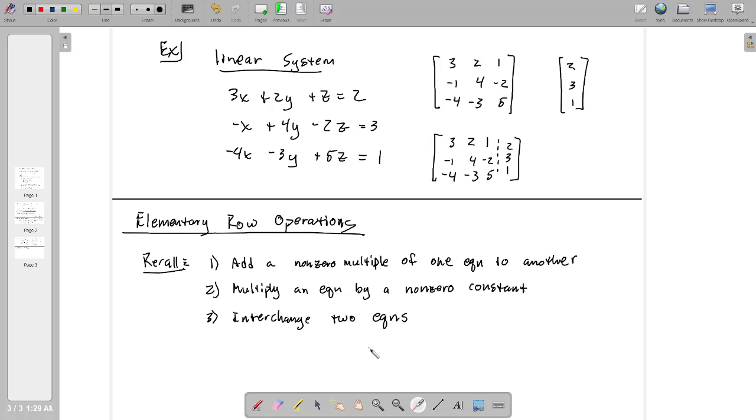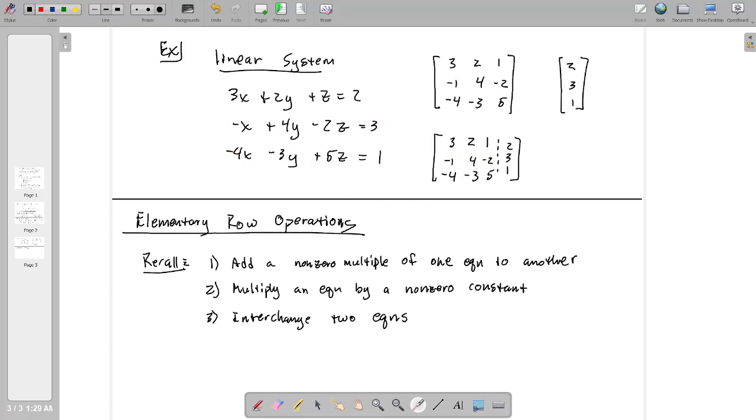So now, when we organize a system into an augmented matrix, notice that each equation is described by a row in the augmented matrix. 3, 2, 1, 2. -1, 4, -2, 3.